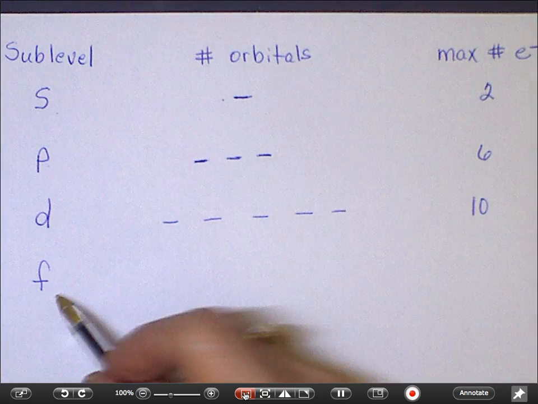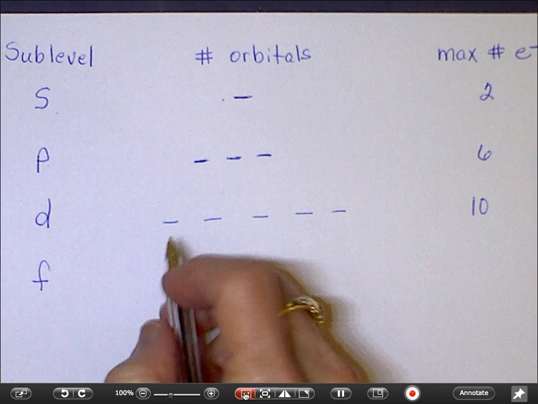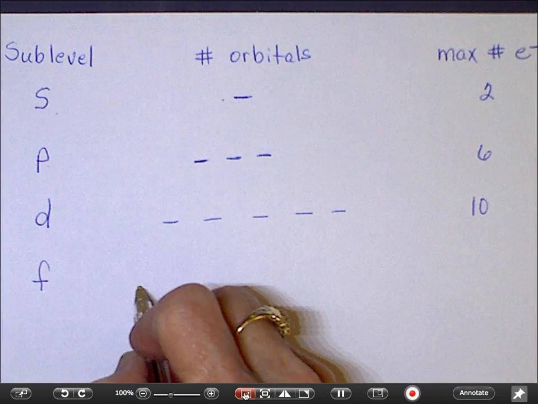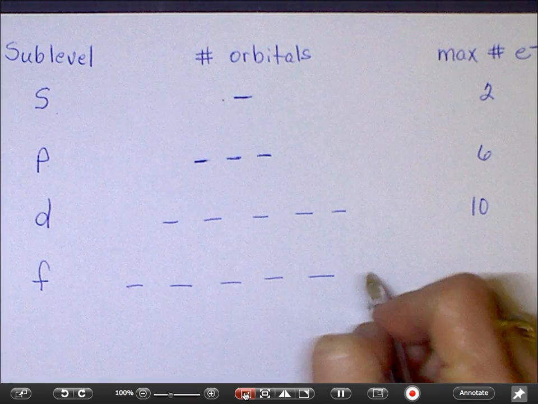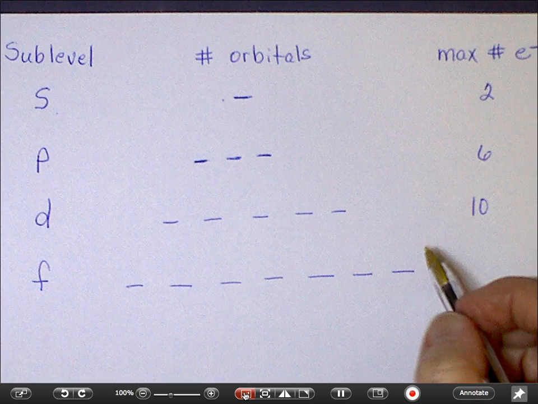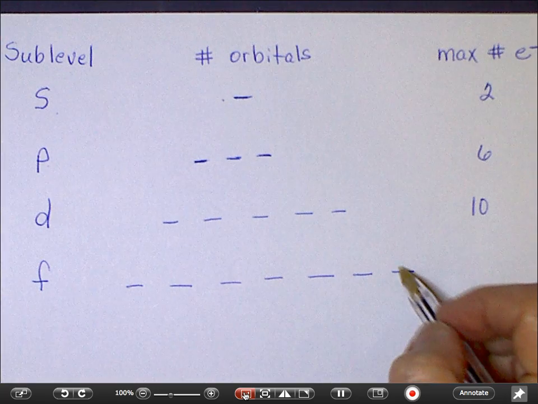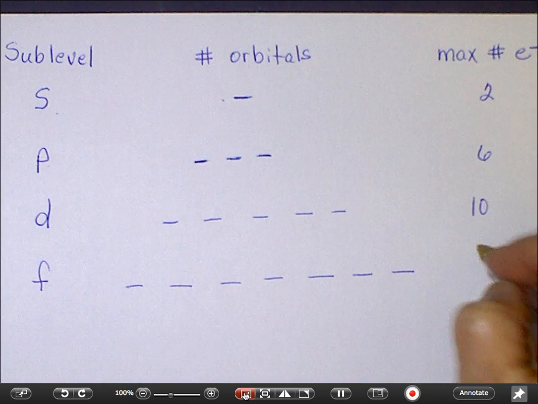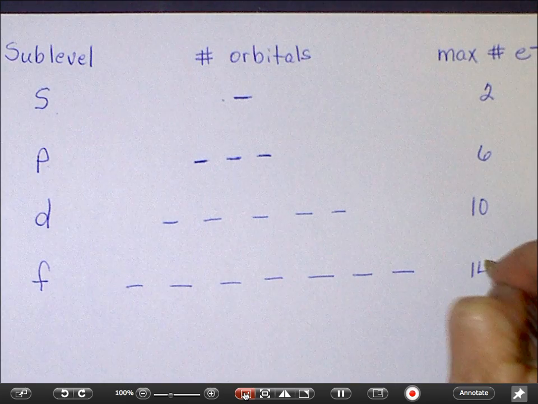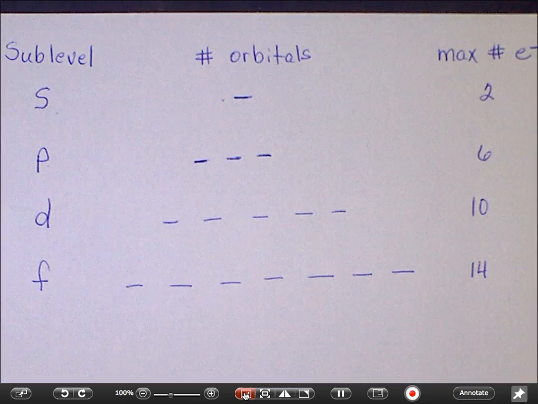In the F sublevel, we have how many different orbitals? 7. And each orbital can hold 2. So 7 times 2 is 14 max number of electrons.